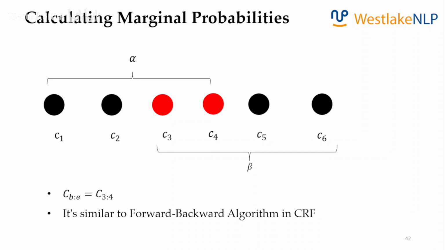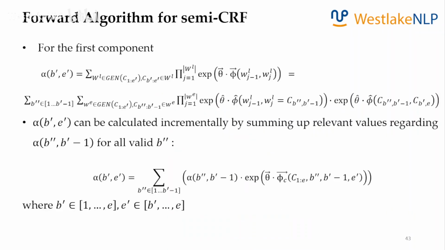Next slide, alpha. Alpha can be derived very similar to sequence labeling, right? So it turns out that alpha B prime E prime is equal to the sum over B prime prime of alpha B prime prime, B prime minus 1, times the incremental score, okay? It's completely analogous to sequence labeling.